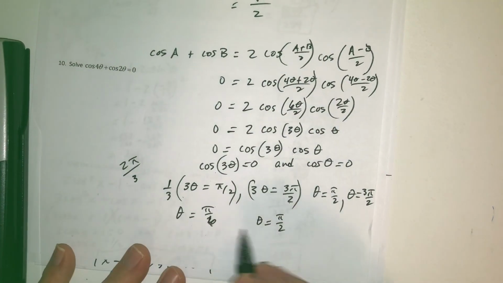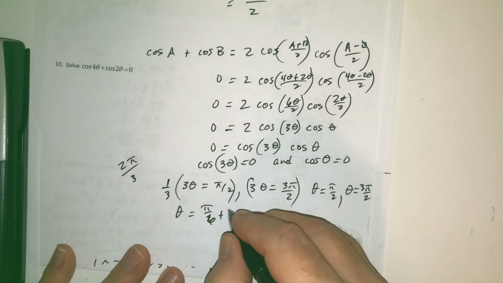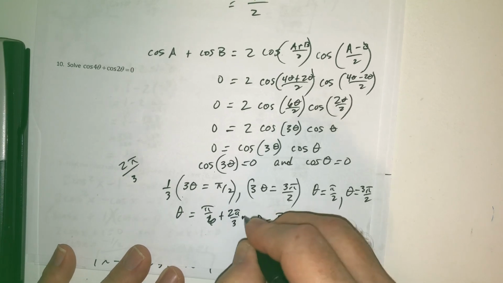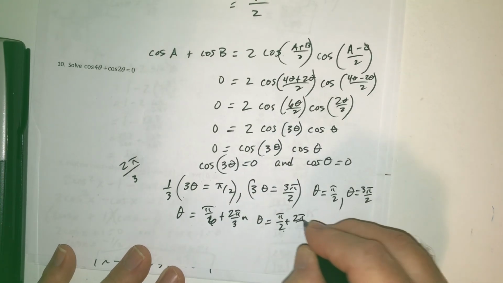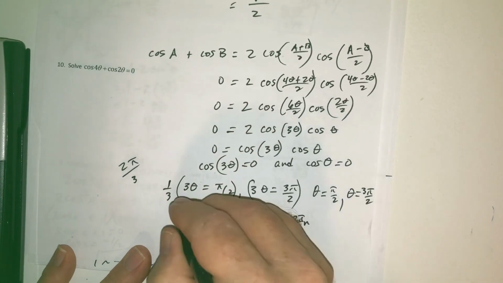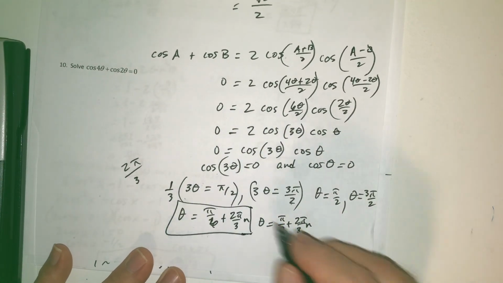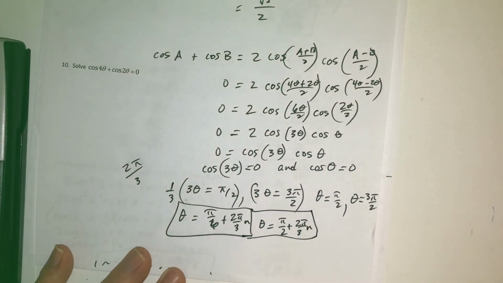So what we're going to have to do to each of these two is to add 2 pi over 3n. There's one infinite set of solutions right there. Here's another infinite set of solutions.